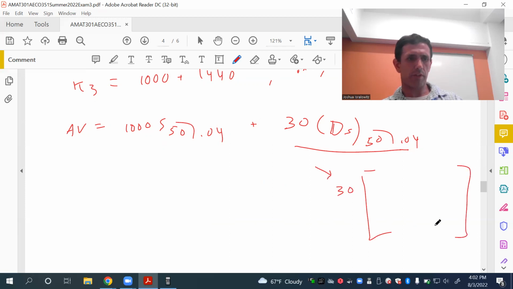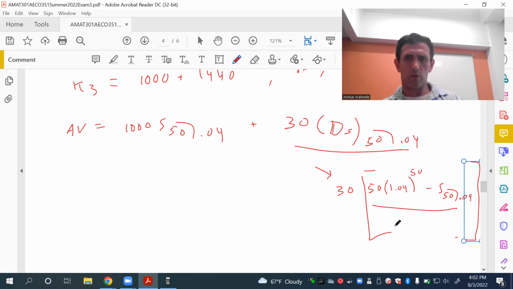30 times, if I can squeeze this in, n, 1 plus your interest rate to the n, minus s angle n, over your interest rate. So move that over a bit. 0.04, all over your interest rate 0.04.